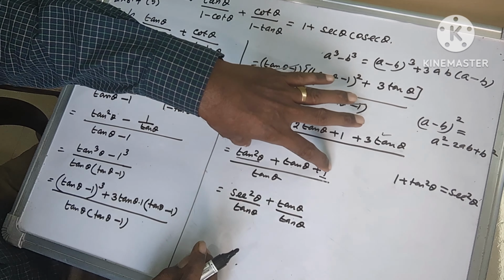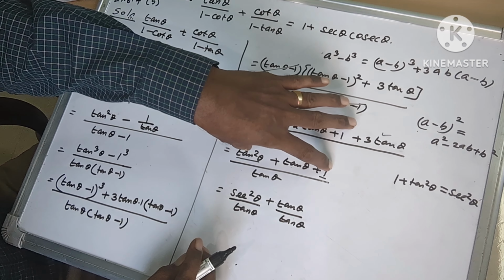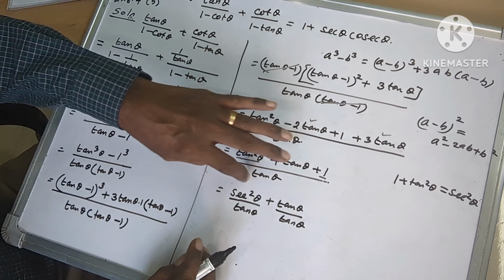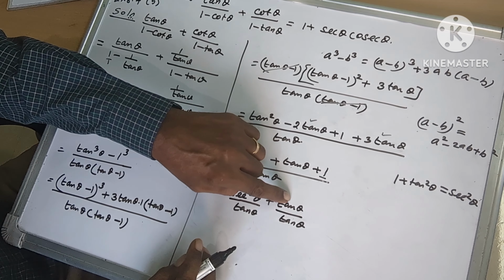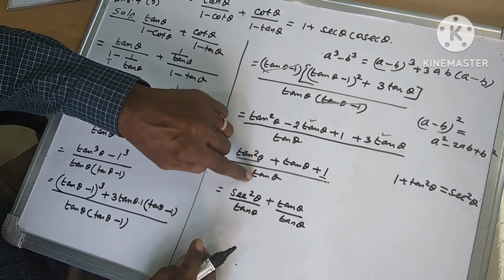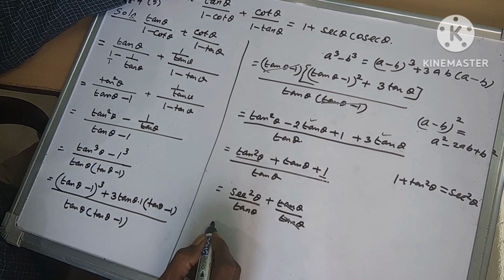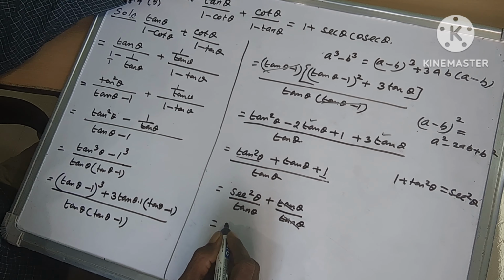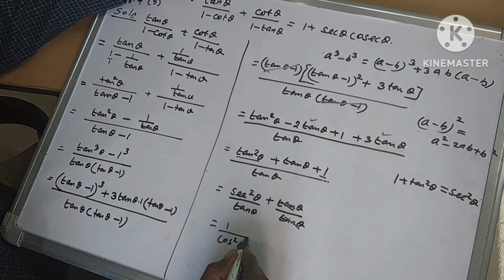Here we combine these two. 1 plus tan square is secant square theta. So these two terms become one term, secant square theta, plus this tan theta by tan theta, which we make separate. This tan theta cancels. Secant square theta is 1 by cos square theta.